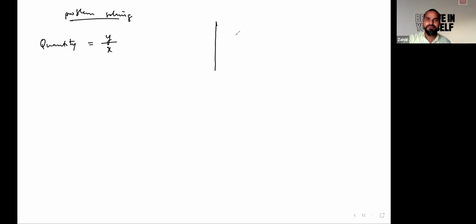Likewise, if I want to calculate speed, so speed is equals to nothing but distance over time. So if they have given you the numerical part of distance and time, so just try to put the values in this particular term. So you will be able to calculate the speed using this particular relation.